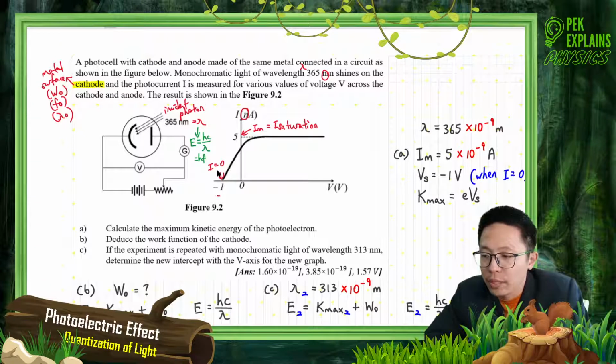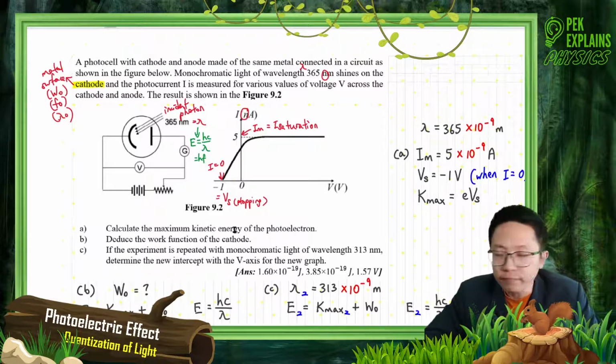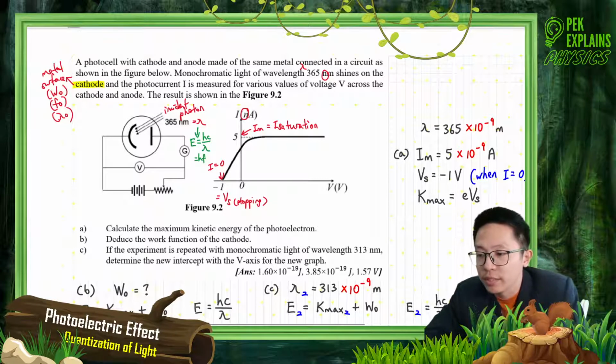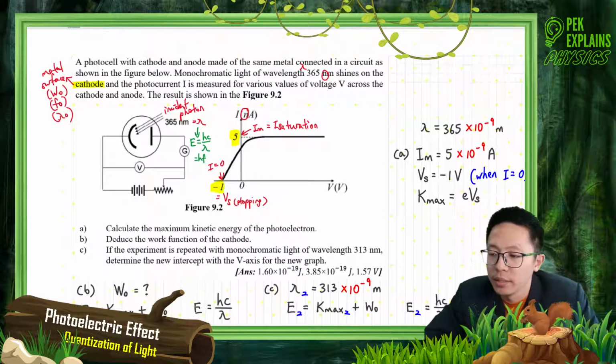This is what we call the stopping voltage, Vs. This value is very important. You must know what this 5 and this -1 mean. This is the saturation current Imax. This is the stopping voltage, -1. It has a negative value because it's reverse. This is the stopping potential, when the current is 0.